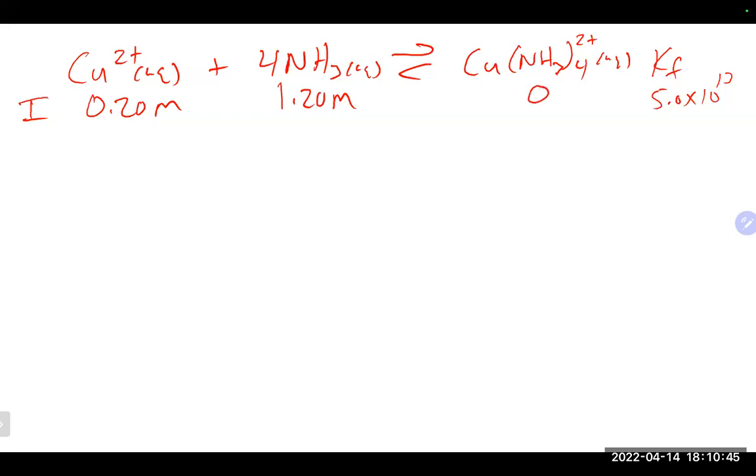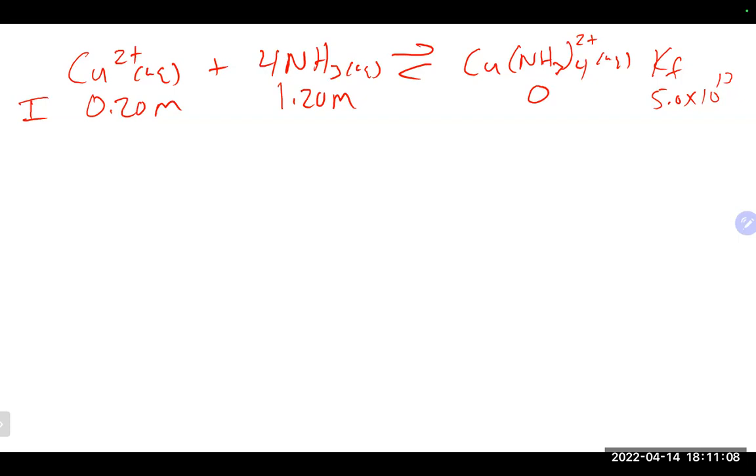When we look at this problem, and we typically do these Kf type problems, there are a couple of assumptions that we typically make which help us solve them relatively easily. The first assumption is, when we look at the K value, is it a small value or a large value? It is a really large value.